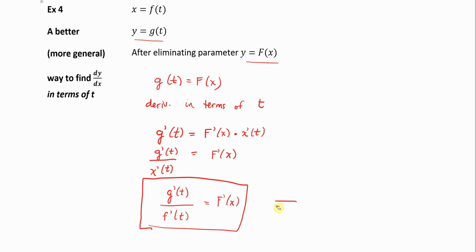Here is an alternate way of saying the same thing. Big F prime of x, so that's the derivative of y with respect to x, so that's dy dx, is equal to g prime, which is the derivative of y with respect to t, divided by f prime, which is the derivative of x with respect to t.